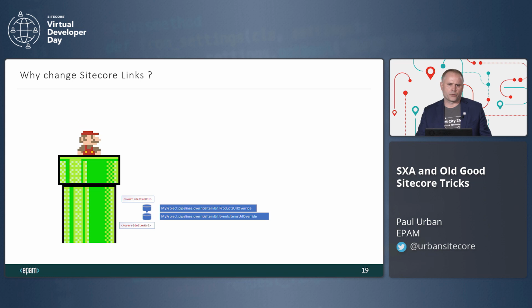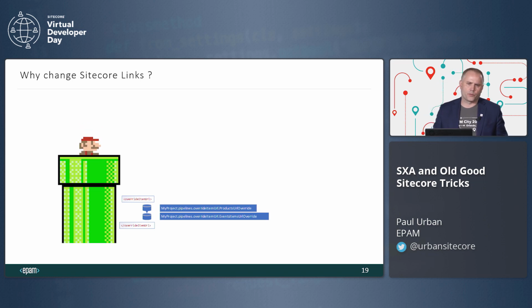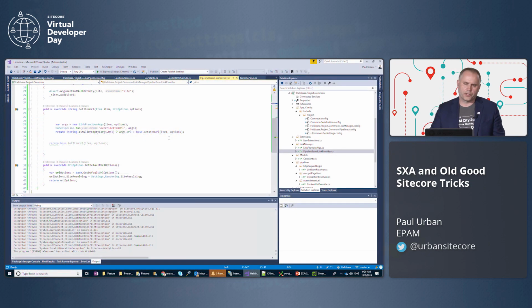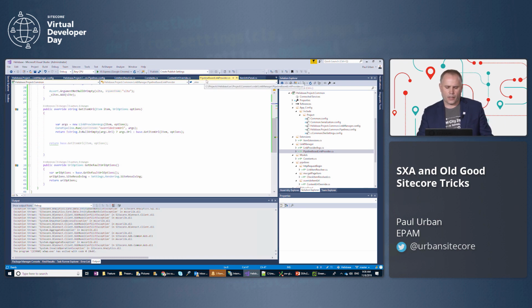So in here, as you see, I have the override item URL pipeline, in which I added two processors. The first one is the product URL override, and I have a different one for the events. So in here you can see a piece of that code.